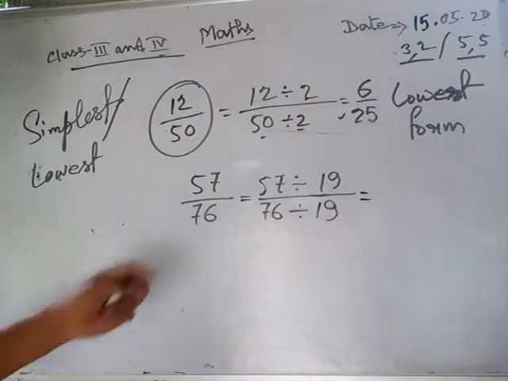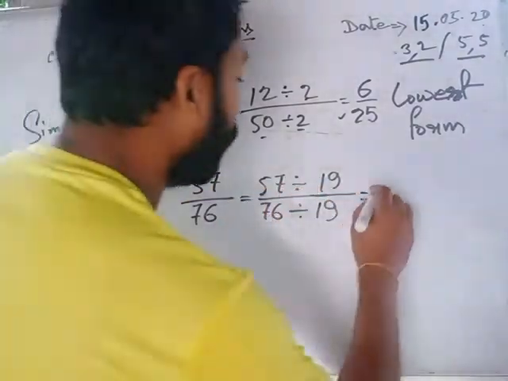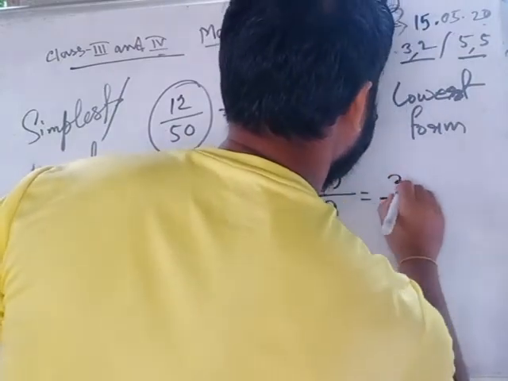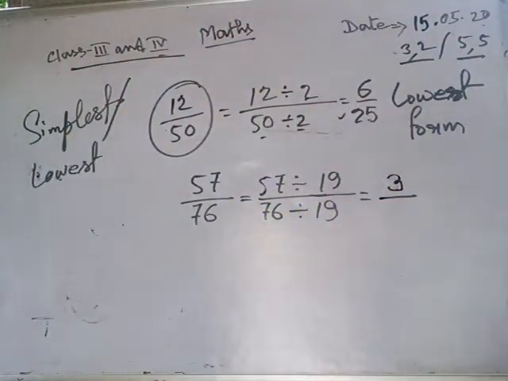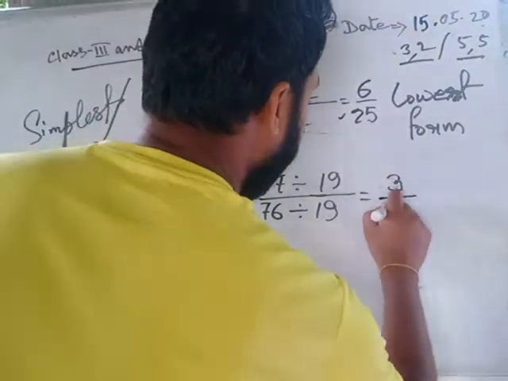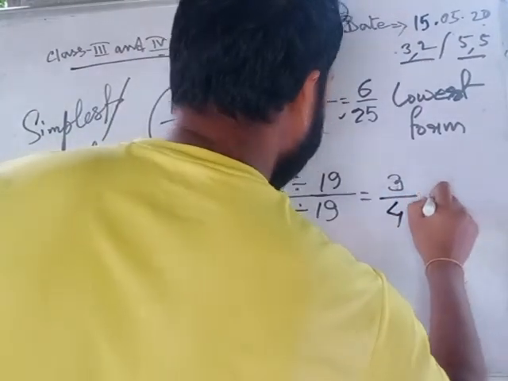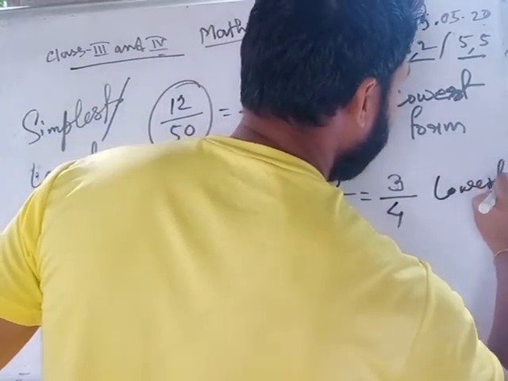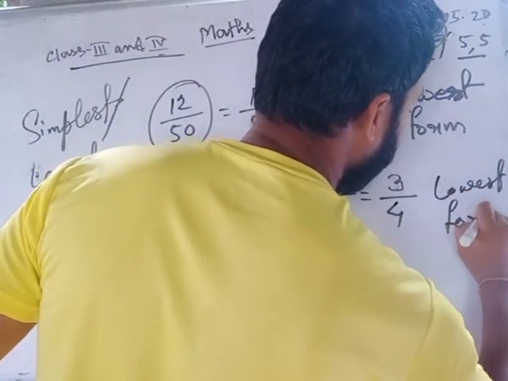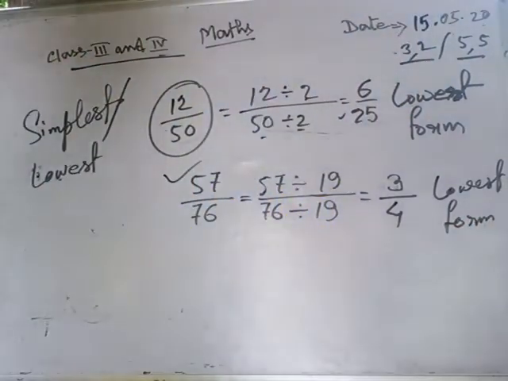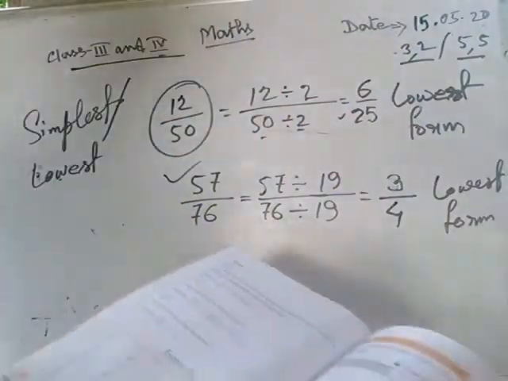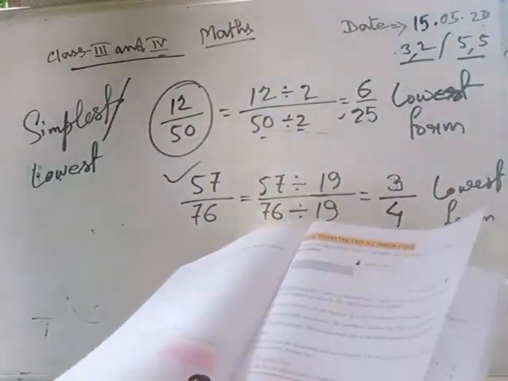If we divide 57 by 19, it will be 3. If we divide 76 by 19, that will be 4. So the lowest form of this fraction is 3 by 4. Do you understand? So these are your homework from class 4, from page number 128.